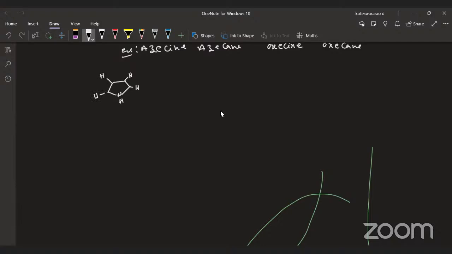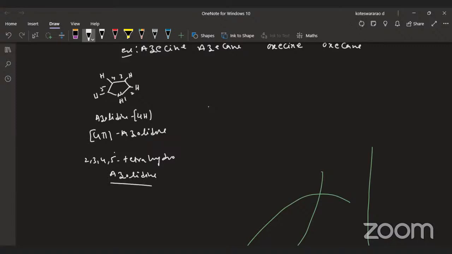To indicate them with a prefix or suffix, like azolidine, or we can also indicate the positions 1, 2, 3, 4, 5, 2, 3, 5, tetrahydro azolate. In this way, you need to give it.